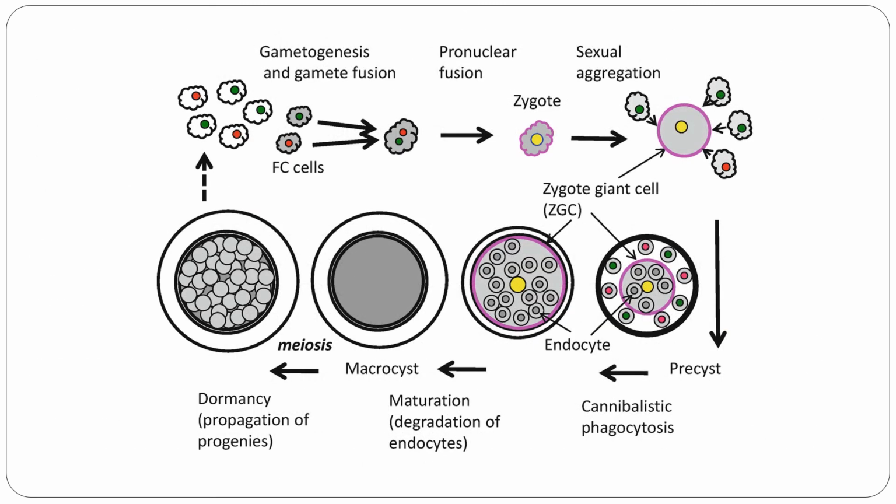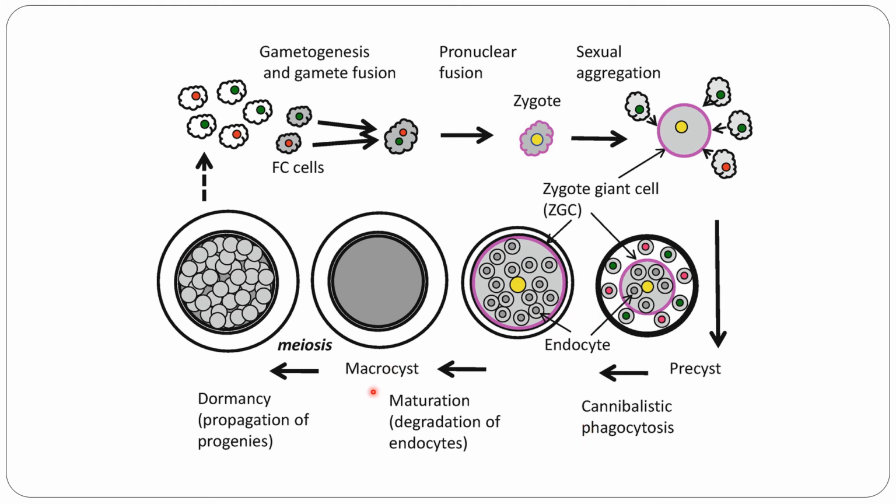Here in the picture you see gametogenesis happen, gamete fusion takes place and pronuclear fusion takes place, and the zygote forms. This is sexual aggregation of myxoamoebae. This is the zygote giant cell. This too is the zygote giant cell. Endocytes form, or this is the pre-cyst. Cannibalistic phagocytosis happens.